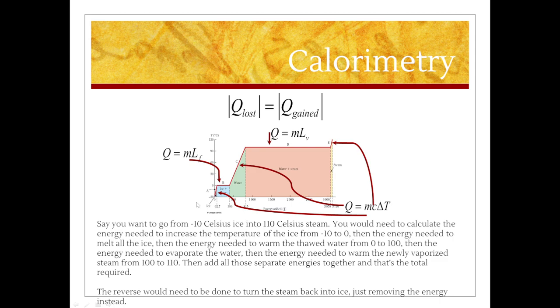So to figure out the energy needed to perform this phase change, you have to go through every single step. You have to use Q equals mc delta T to warm the ice up to freezing. You have to use Q equals ml to melt the ice. Then you have to use Q equals mc delta T to warm up the water, then Q equals ml to evaporate the water, and then Q equals mc delta T to warm up the steam.